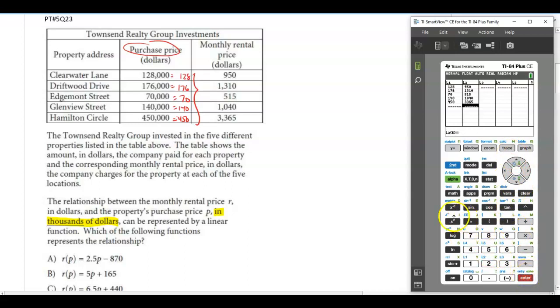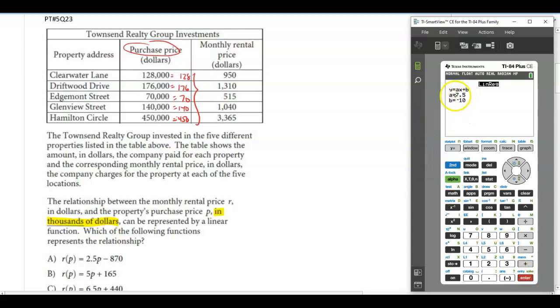Now, once I enter both my lists, I'm going to hit the Stat button again, and I'm going to arrow over to Calc. And in this menu, I'm going to do number 4, which is a linear regression model. So I'll arrow down to 4, then I'll hit Enter, Enter, Enter, Enter, and one more time.